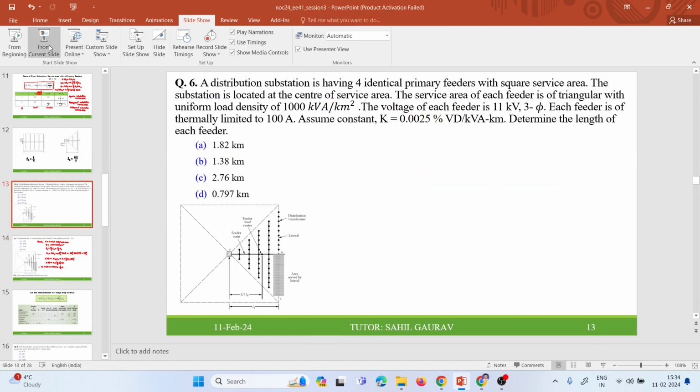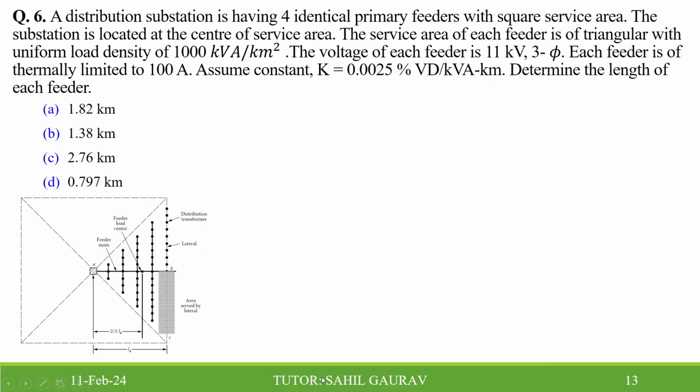So how will we find the length of each feeder? We have to find the length of each feeder from the value that is the thermally limited feeder, that is the maximum load current of one feeder. From there we can find the length of each feeder. So for the length of each feeder we need the value of load density. Here load density is given as 1000 kVA per kilometer square.